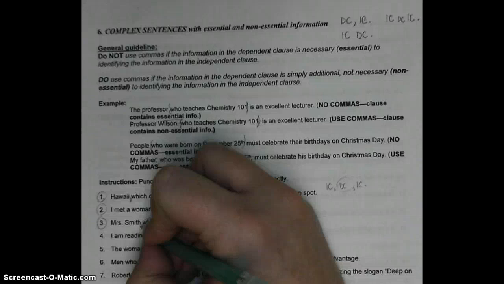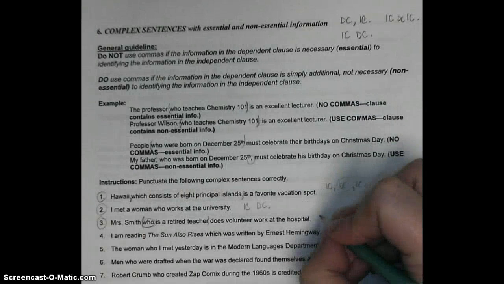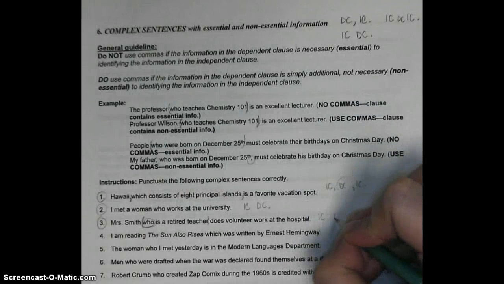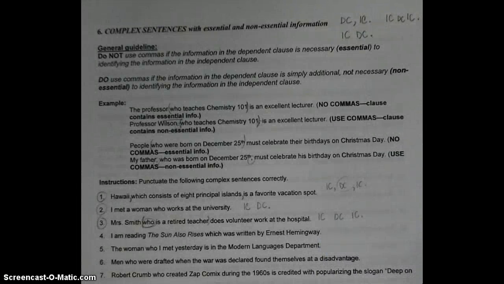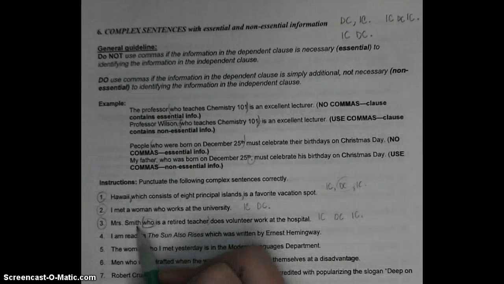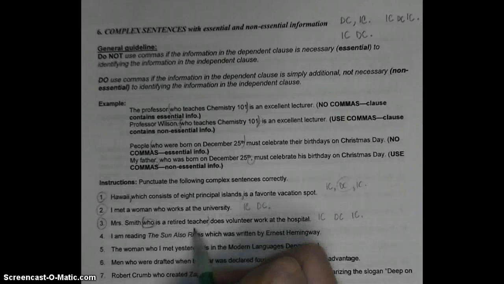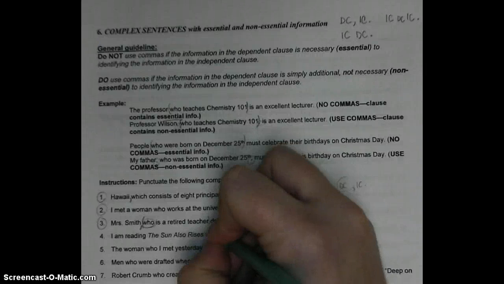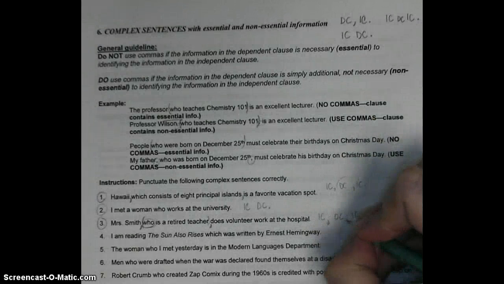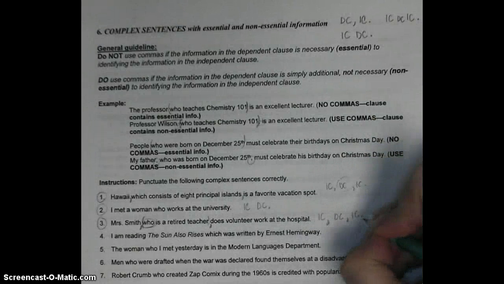That's the dependent clause, and it's interrupting my independent clause, so I know I've got this. Now we just have to figure out if this is essential or non-essential information. In this case, she's identified by name, Mrs. Smith, so this is just additional information about her. In that case, I would add the commas. So I would again have this.